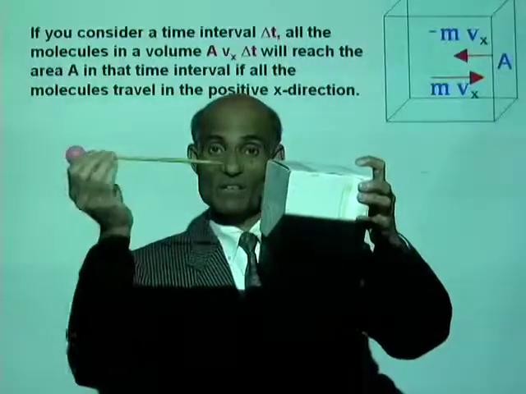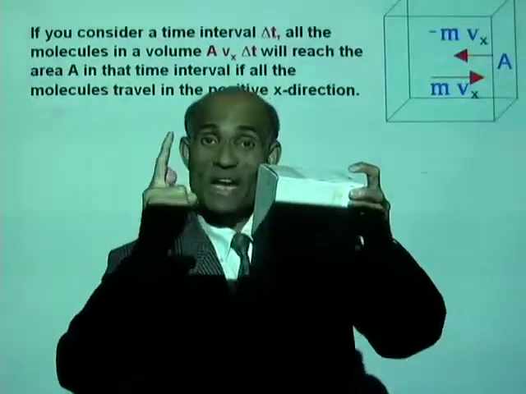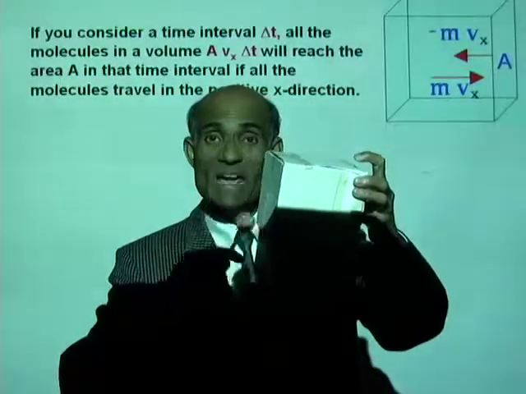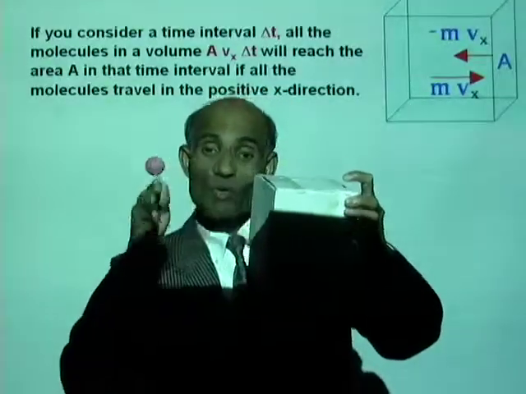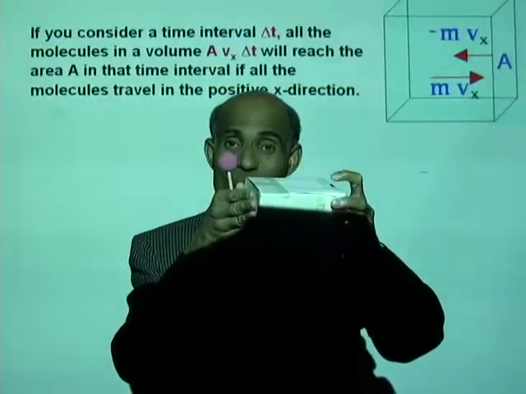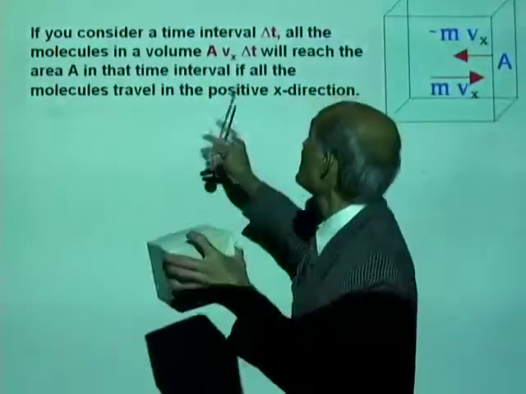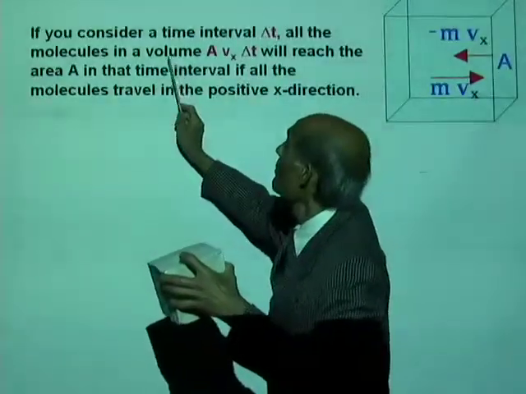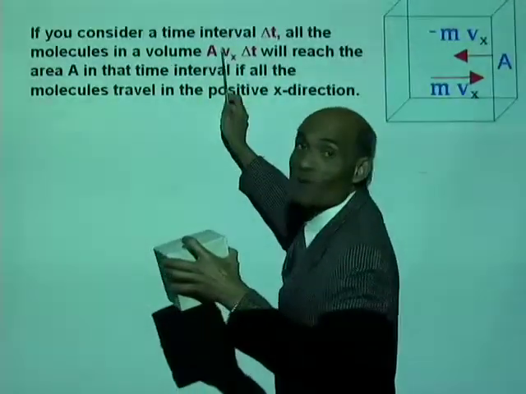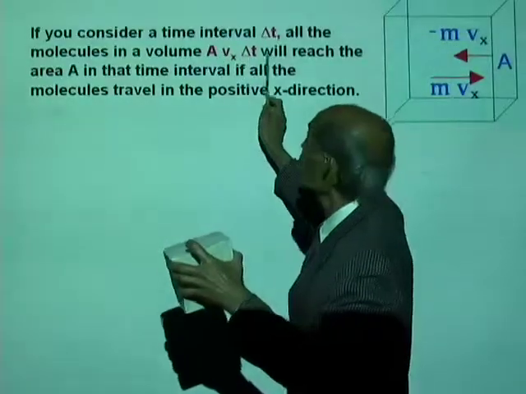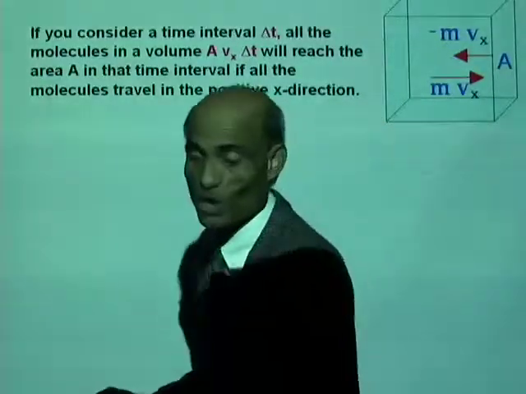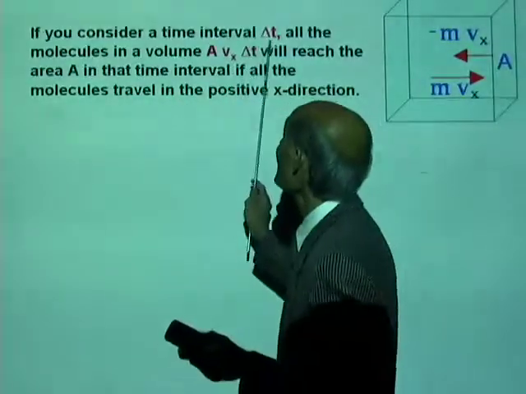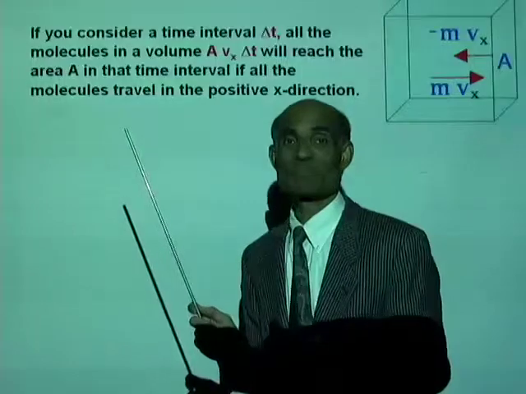See, this is the length Vx. In 1 second, all the molecules in the volume A times Vx will all reach that wall. And therefore, in a small interval delta t, the molecules in this volume A Vx delta t, all those molecules will reach the wall in that small time interval delta t.